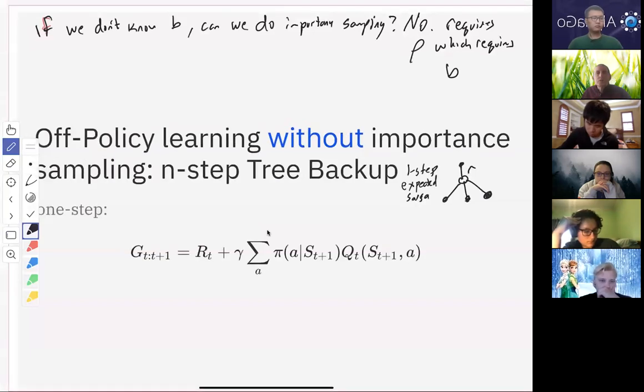And we can use expected SARSA, this one step expected SARSA, off policy, right? Because whenever we take an action, we don't care what action we actually took, because we're going to just look at the weighted sum over all the actions we could have taken.